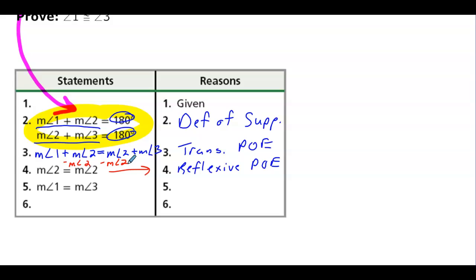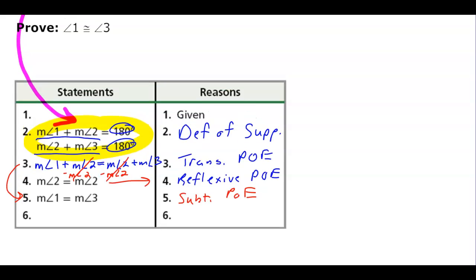So if there's 60 degrees on the left and there's 60 degrees on the right, and we subtract 60 degrees from both sides, they're going to cancel out. That is our subtraction property of equality. If I subtract the same measure from both sides, that's our subtraction property of equality. And that's how we got from 3 to 5.